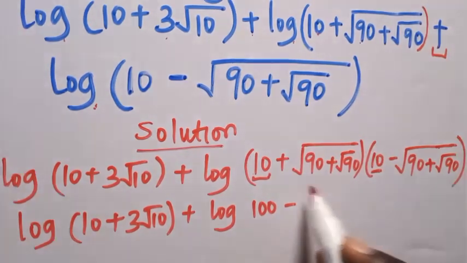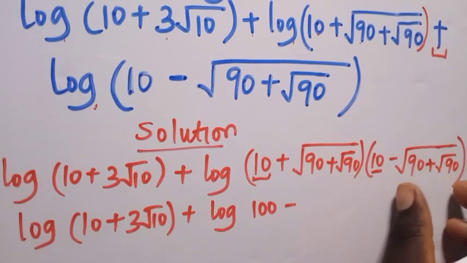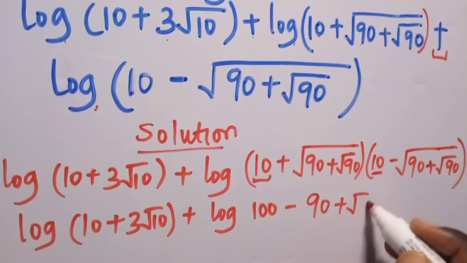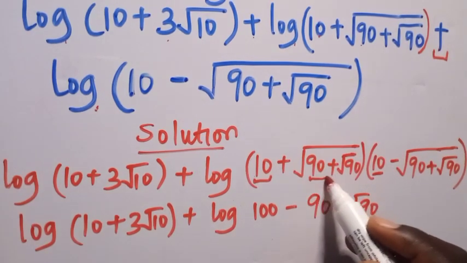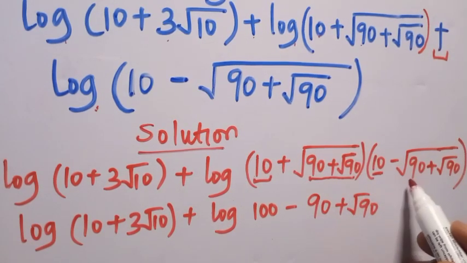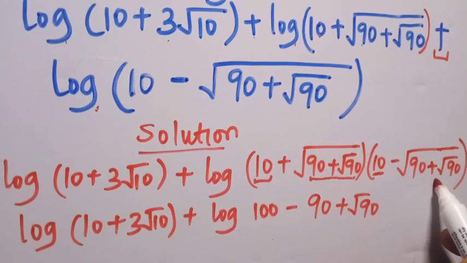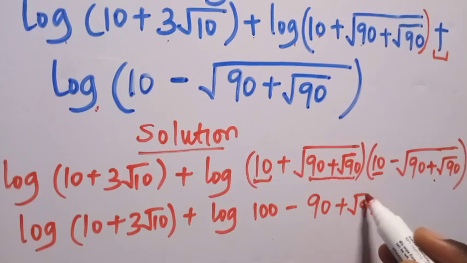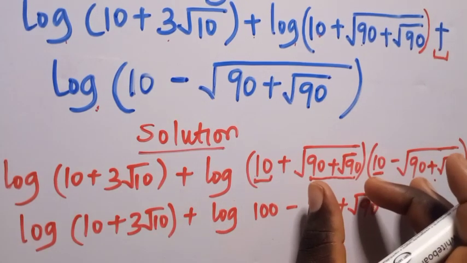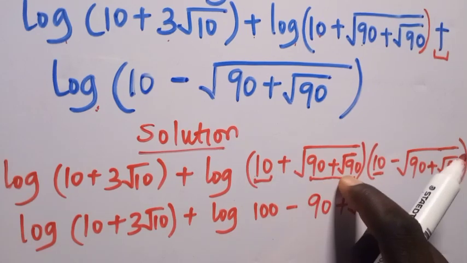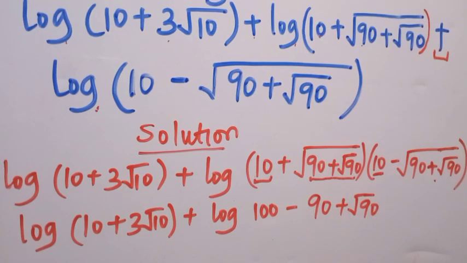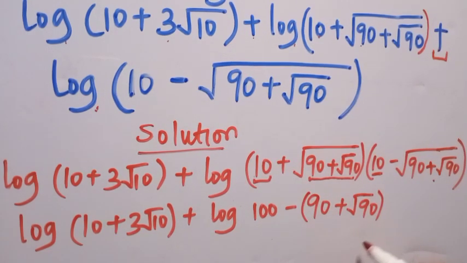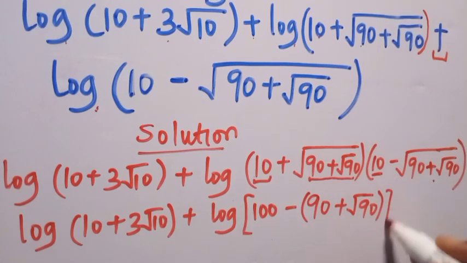From surds, if we multiply this one with this one, we shall have 90 plus root 90. That means we remain with one of the elements, because they are the same. We remain with what is under the root sign, so we remain with one of them. Then we close the brackets.